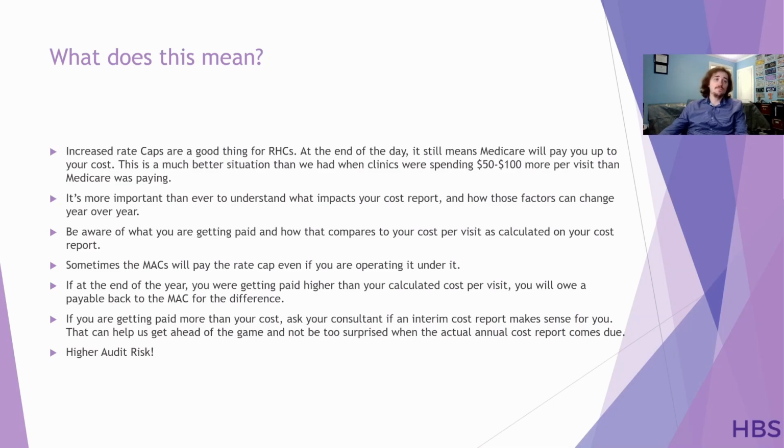But that's not how it is anymore. Because the caps are going up and because more clinics are operating under the cap, every piece of information matters and the MACs are going to start double checking us. So in order to prepare for this, we just need to make sure that our documentation is as clean and clear as possible, and that we have all the documentation to support what's going in the cost reports.